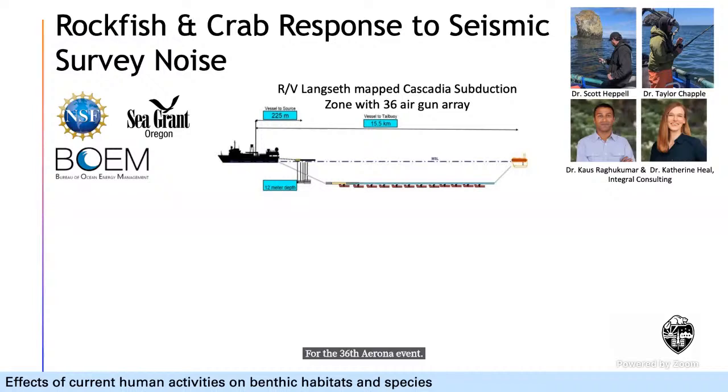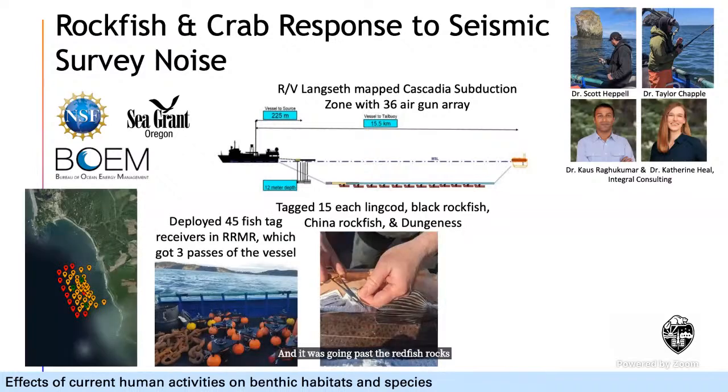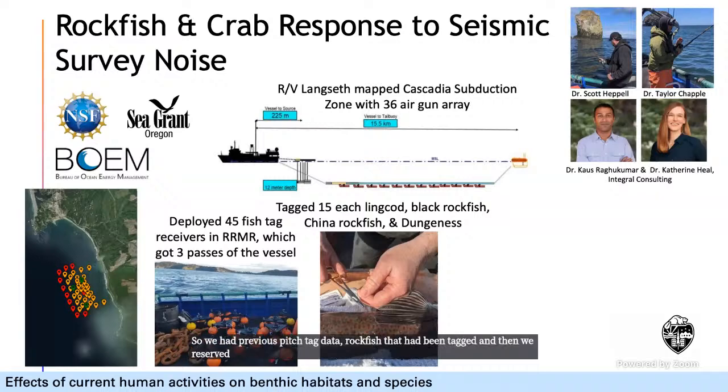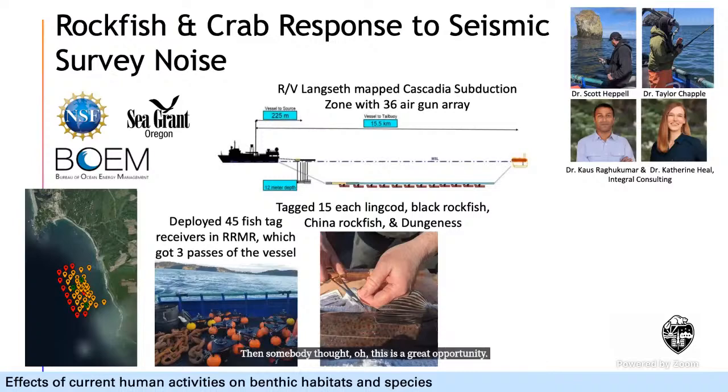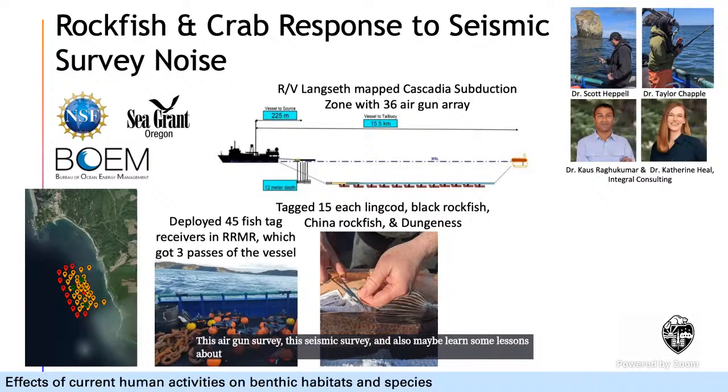It was pulsing these air guns, bouncing them off the seafloor to map the subduction zone, and it was going past the Redfish Rocks Marine Reserve three times. We had previous fish tag data, rockfish that had been tagged in the marine reserve. So we thought, oh, this is a great opportunity to look at crab and fish response to noise from this air gun survey, this seismic survey, and also maybe learn some lessons about energy projects.